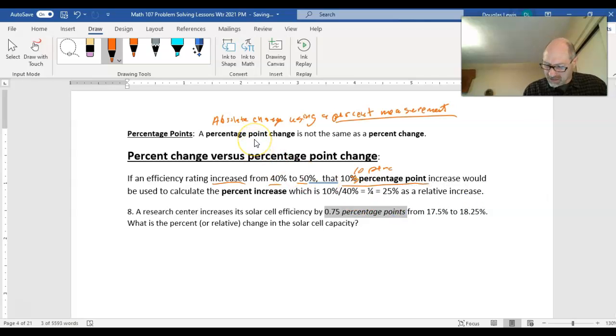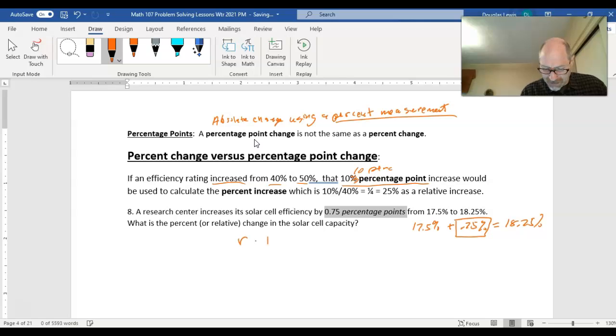And that means it went from 17.5%. You add directly 0.75 percentage points. So you add on 0.75%, and that gives you 18.25%. Now, the amount of increase is a percentage point amount.